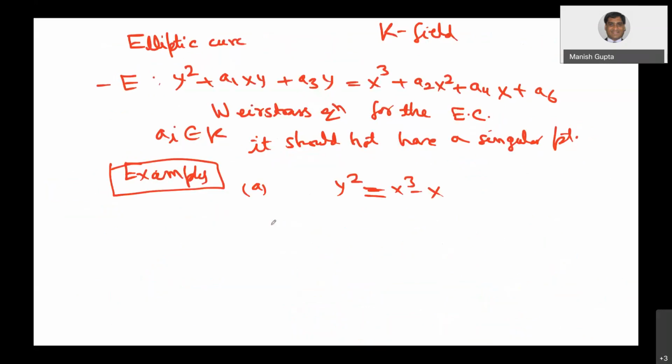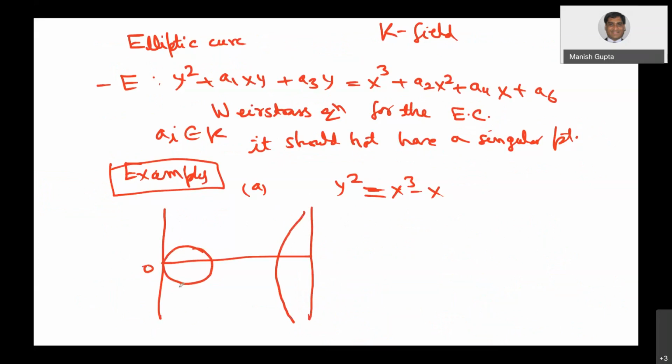Okay, if y square is equal to x cube minus x, I can plot how it looks like. This is the point at the origin, and something like this.